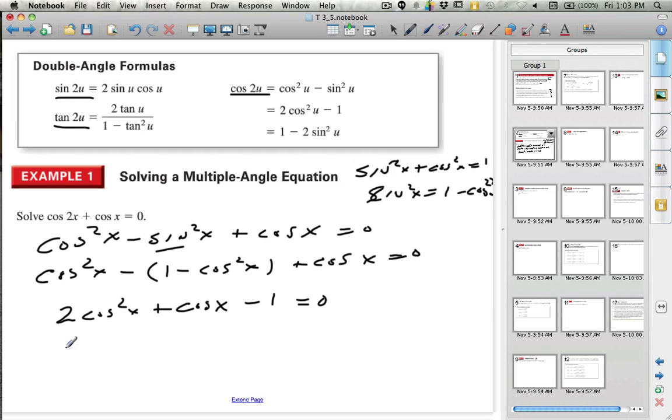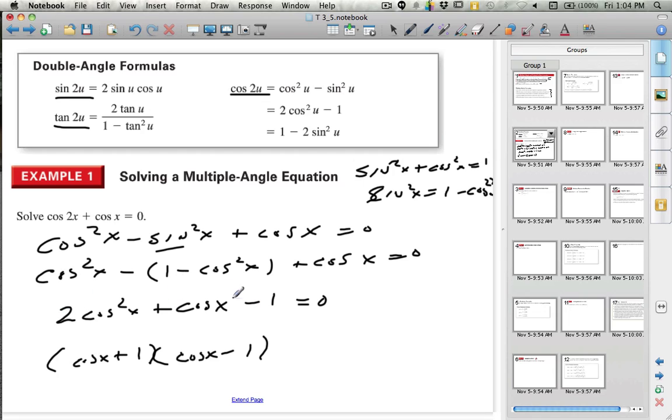So I know that I'm going to have cosine x plus something and cosine x minus something, and the factors of 1 are 1 and 1, so that's the way it's going to go. And I know I want products of these factors that are going to have a difference of positive 1.